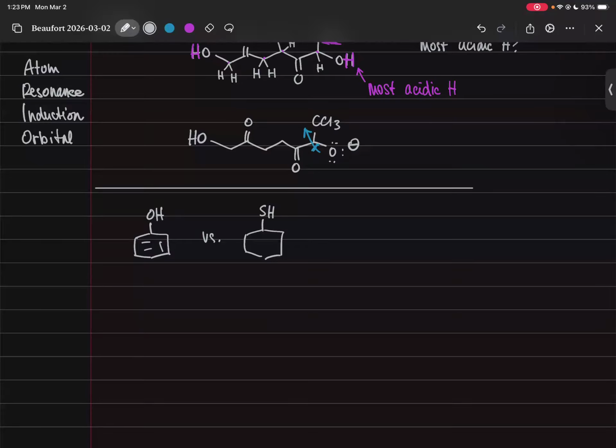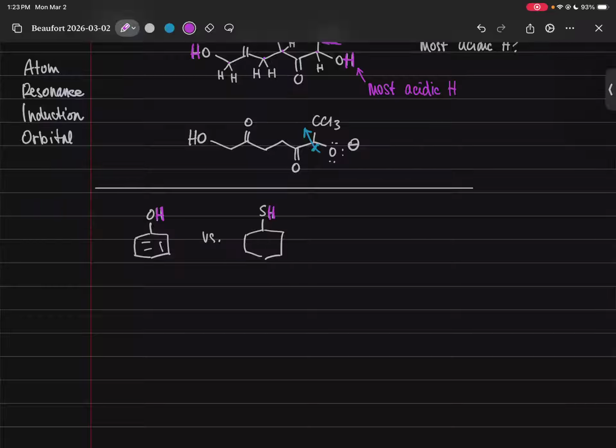Okay, left to right. But this one has resonance. Specifically though, for the priority list, it's the atoms first.